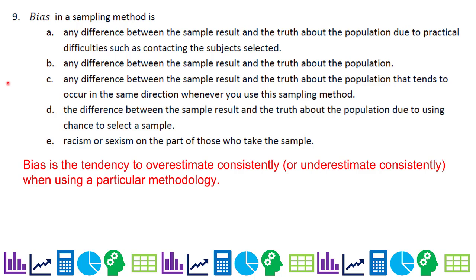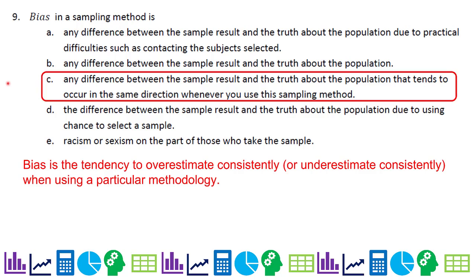So if you use one methodology, for example, if I ask students if they wash their hands after using the bathroom, and I ask them to their face, I consistently get an overestimate of the true percentage who actually wash their hands, right? So that is a bias. It's response bias, and it is causing an overestimation of the percentage of people who wash their hands when using the bathroom.